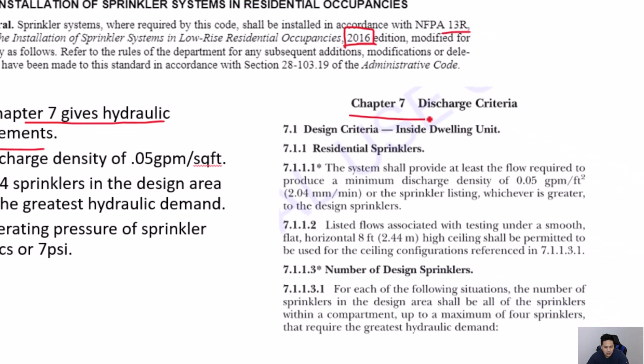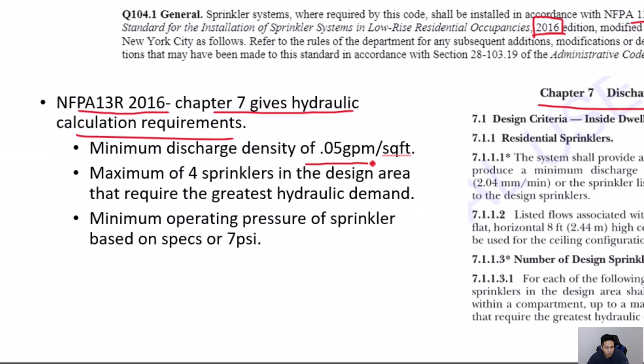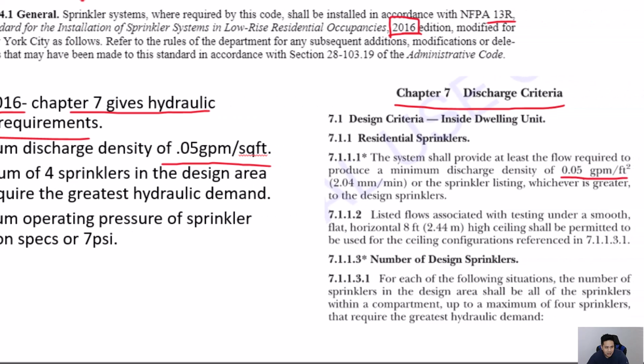All right, so this is the snippet of Chapter 7 in the NFPA 13R. And here it says the minimum discharge density is 0.05 GPM per square foot. So it's the same as the NFPA 13D requirement for the density.